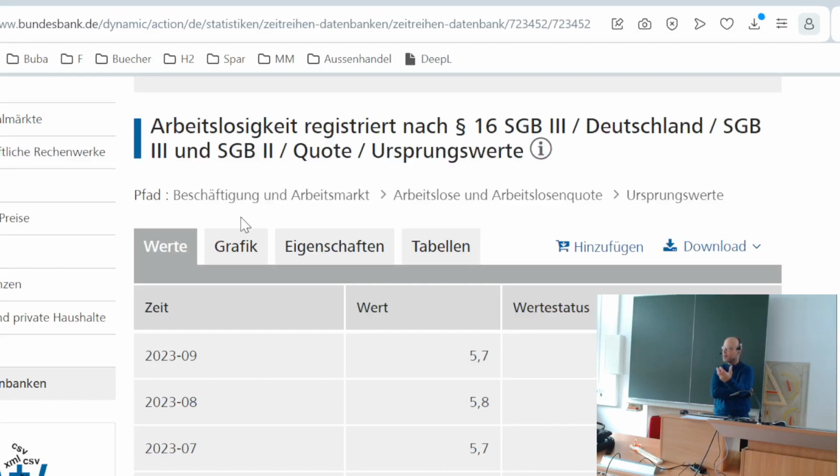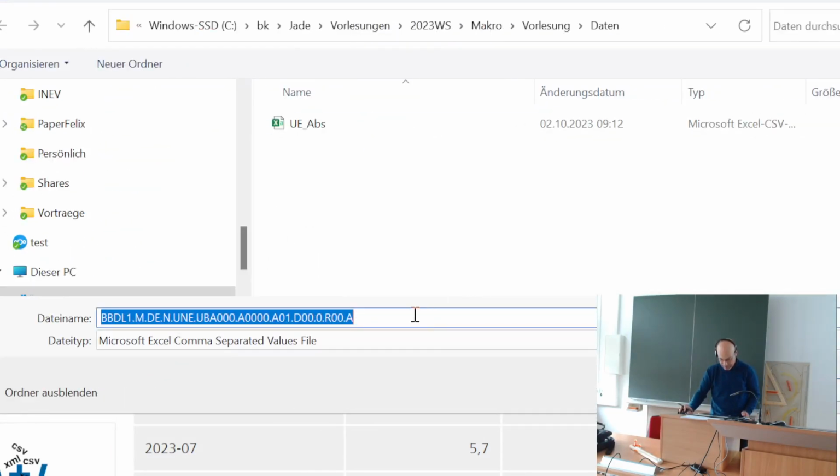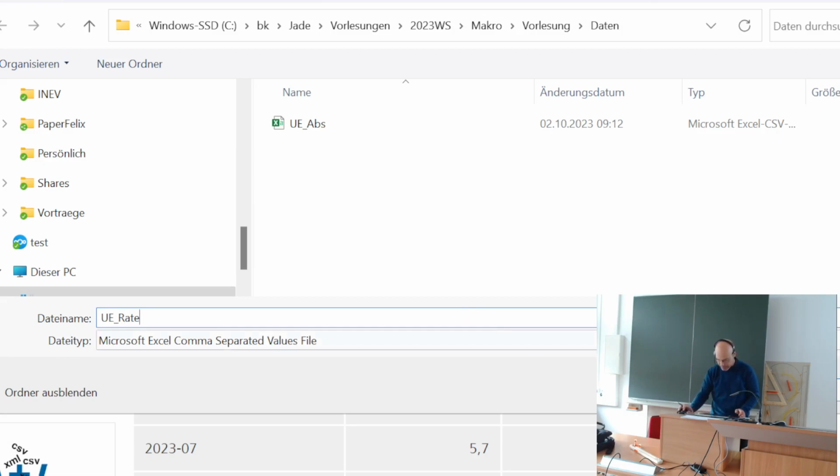If you compare this number with the absolute number, you have a feeling whether this is a high absolute number or not. But of course, the unemployment rate is also an interesting number to have a look at. So we download this too, and this is unemployment, the rate.